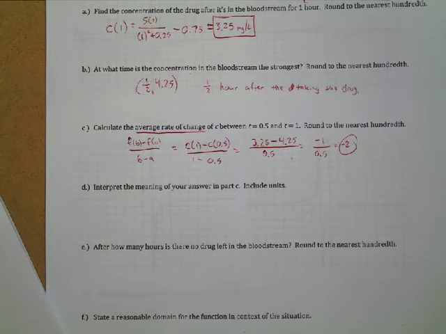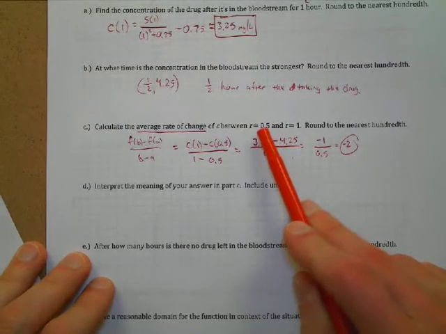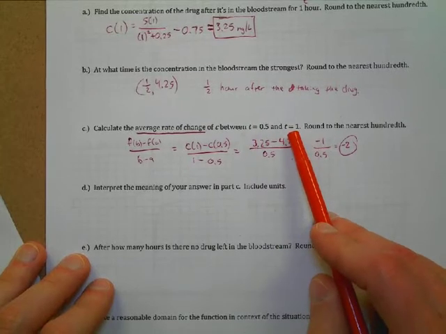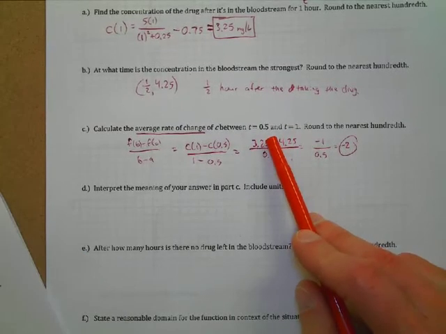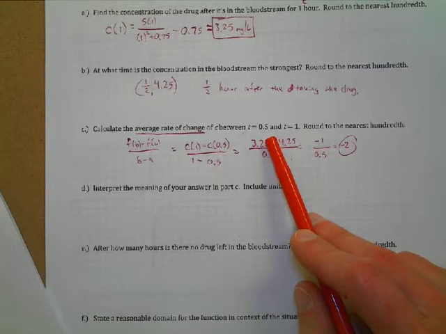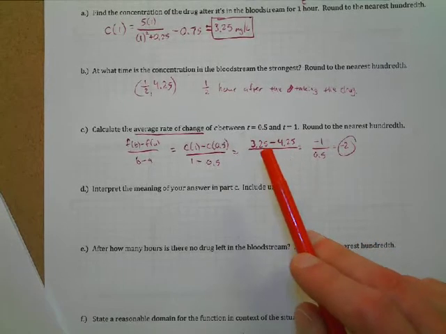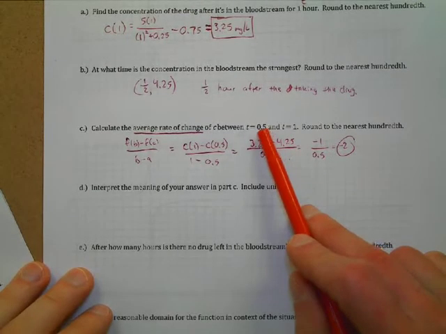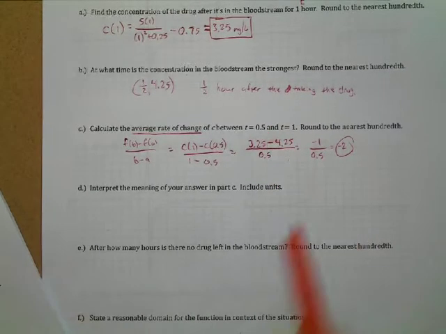Remember that this average rate of change is from the maximum point, when the drug reaches maximum concentration, to a later time. So if the drug has reached maximum concentration at 0.5 and then you go later, we would expect the drug's concentration in your bloodstream to decrease, okay? Prior to reaching our maximum concentration, we would expect an increase, right? Because you're building up to that maximum.